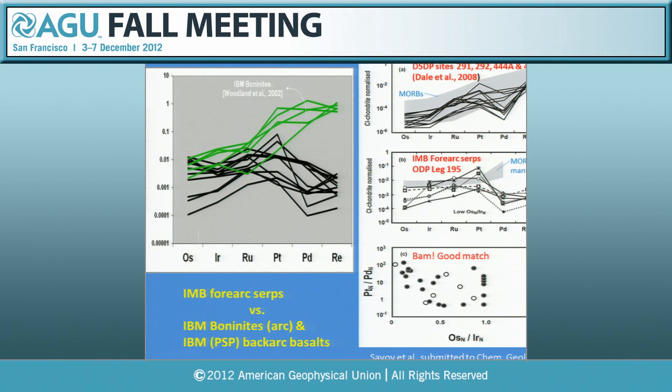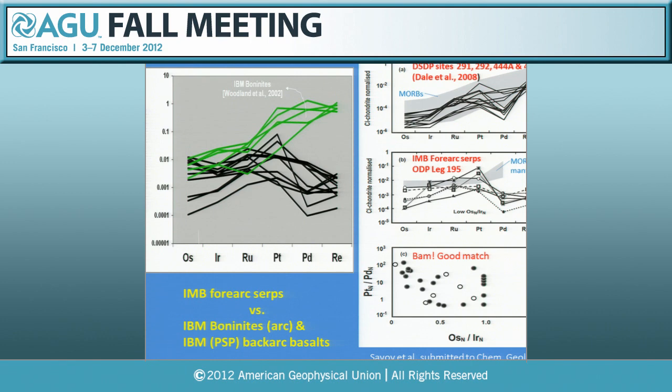Now, if we look at the systematics of the back arc site, this is the research done by Chris Dale's group, we see the same variable platinum-palladium abundances that are not recorded in the MORBs erupted globally. So we have some incredible depletions in palladium and enrichments in platinum. This is this little kick here.